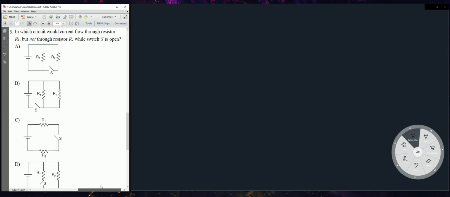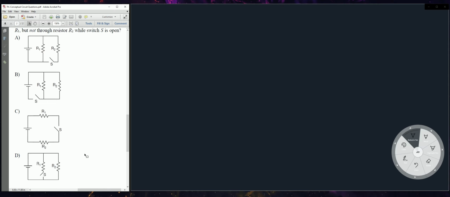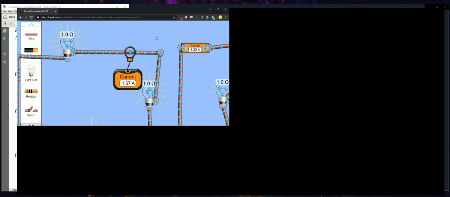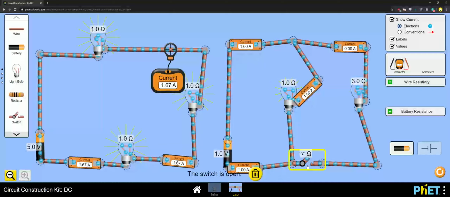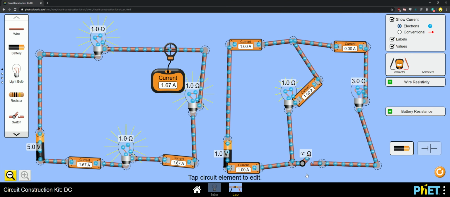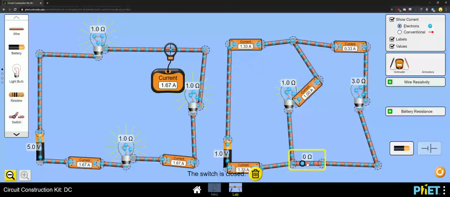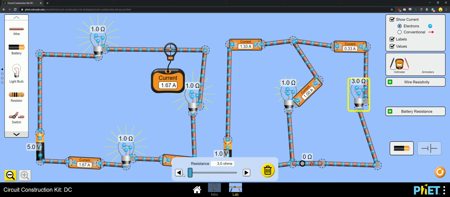In which circuit would current flow through resistor R1 but not resistor R2? Actually, I can demonstrate this using a simulation. Right here, if I close the switch, let's decrease this resistance.